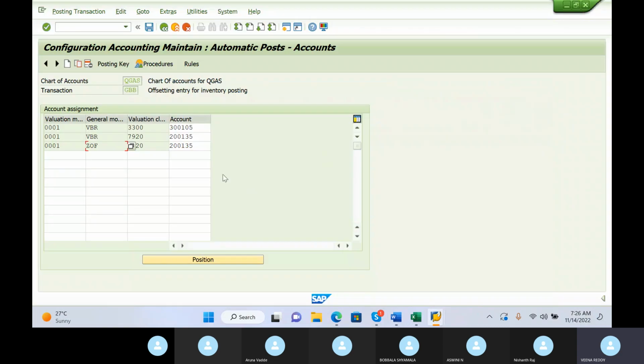For any movement, we have to remember, as FI consultants we have to configure all these combinations, whether the goods are moving, scrapping, increasing or decreasing, anything, according to the general modifier. These keys will maintain the GL accounts: scrapping account, increasing, decreasing or moving, we have to maintain all these combinations for these transaction keys.